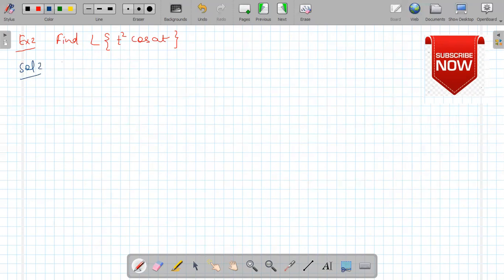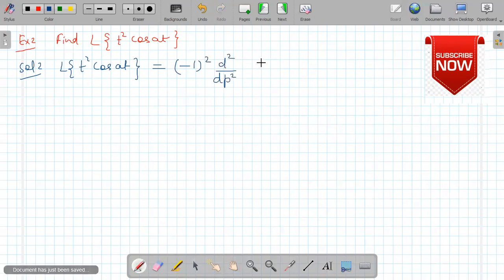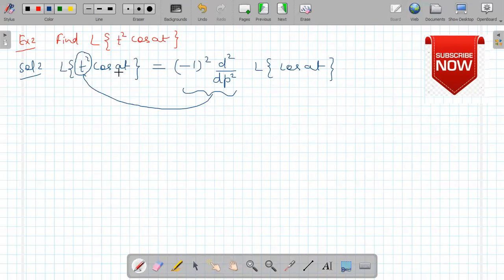What we do here is, because of second power of t, this will be equal to minus 1 raised to the power 2, d2 over dp square into Laplace transform of cos at. You have to remember that t square will convert into this expression and L will go inside the bracket.